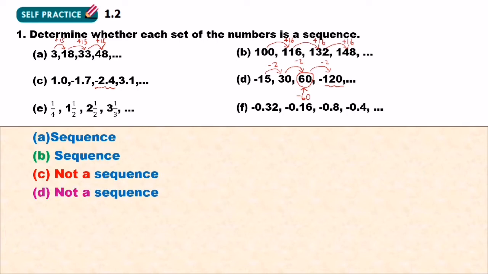Okay, so now we look at E. 1 over 4, 1 1 over 2, 2 1 over 2, 3 1 over 3.